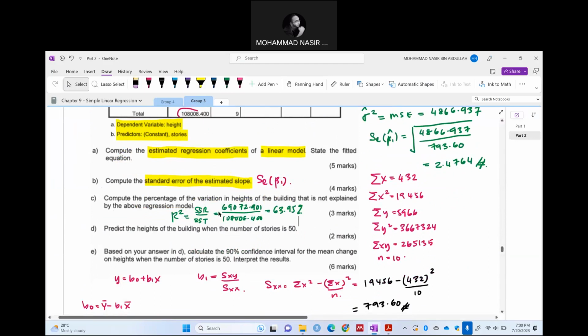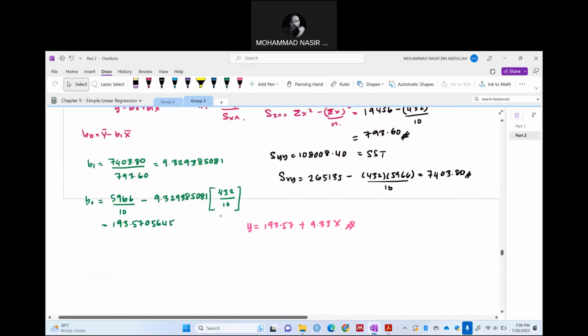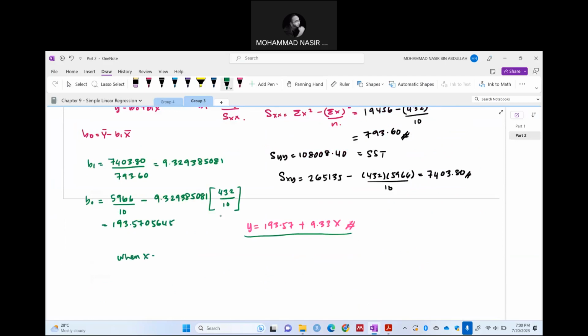So next, predict height of building when X is 50. So our regression equation is this one. So when X equal to 50, this is D, right? So Y hat equal to 193.57 plus 9.33 multiplied with 50.